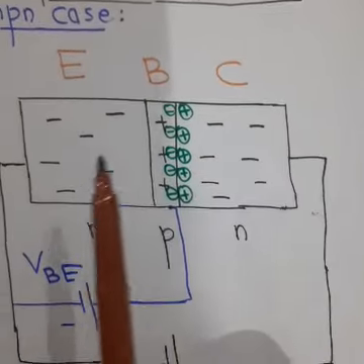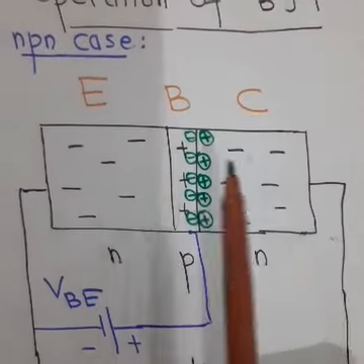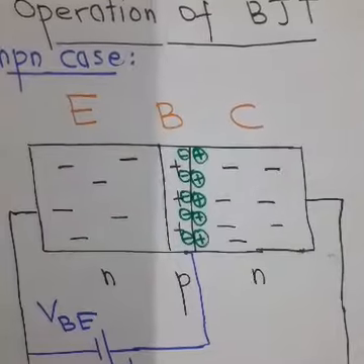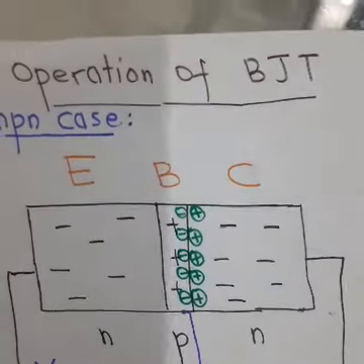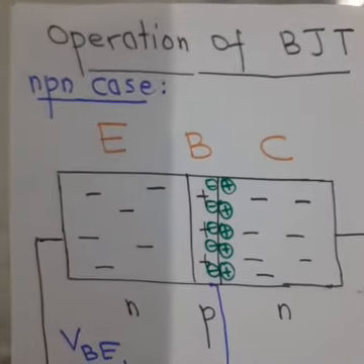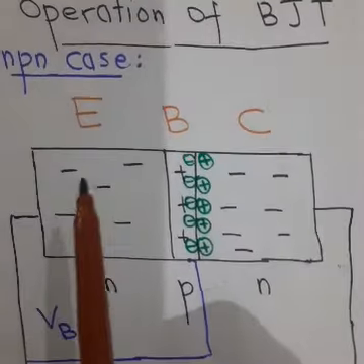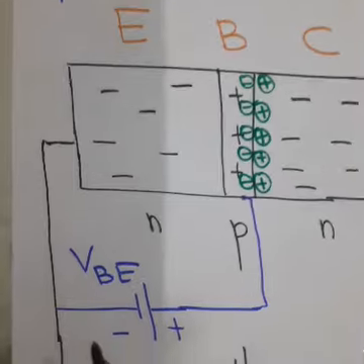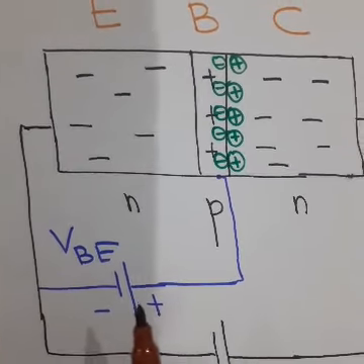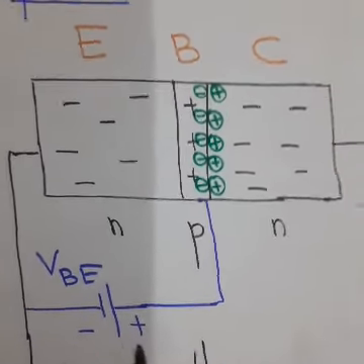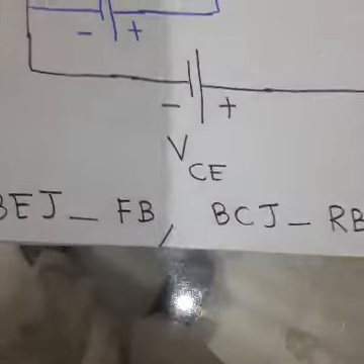This is how a current is set up between emitter and collector. Since we talk about conventional currents, we always take it as from collector to emitter, since electrons are moving from emitter to collector only when we have VBE at least 0.7 volts for silicon.